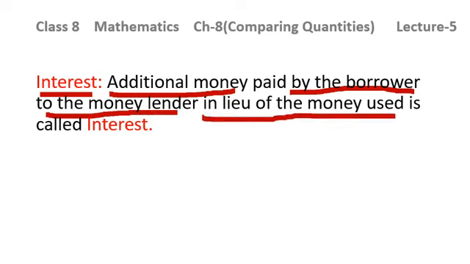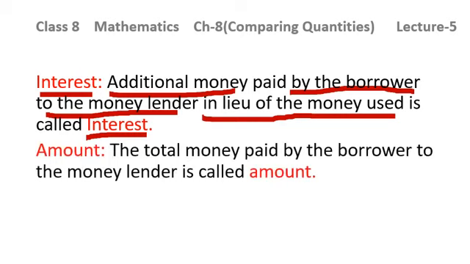Obviously, if you are borrowing from someone, you need to pay something extra to that person, because you are using his or her money. This additional money paid apart from the principal amount, in lieu of the money used, is called interest.